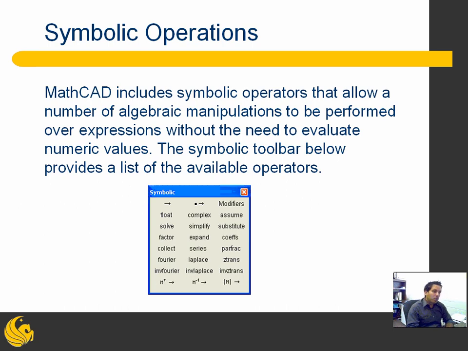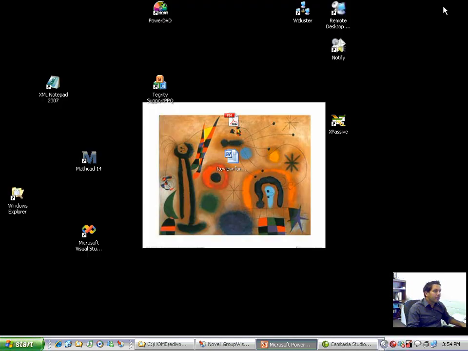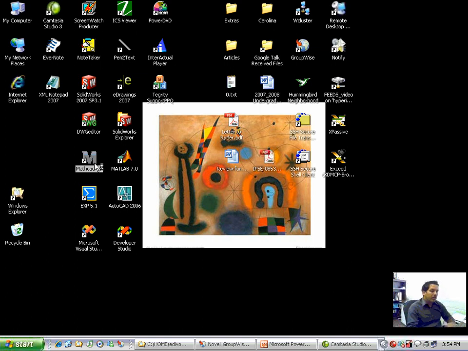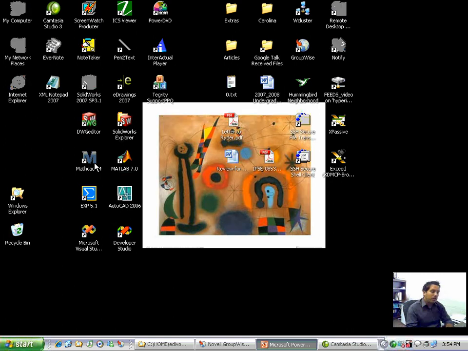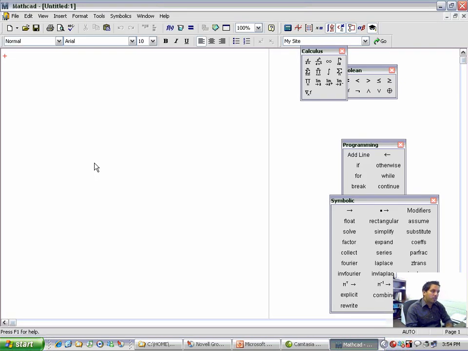So the symbolic toolbar below provides a list of the available operators. There are actually shortcuts for most of these symbolic operations, but you can also access them directly through a toolbar. So let's start by opening MathCAD and opening that toolbar. This is the toolbar that I like to employ to navigate through these symbolic operations.